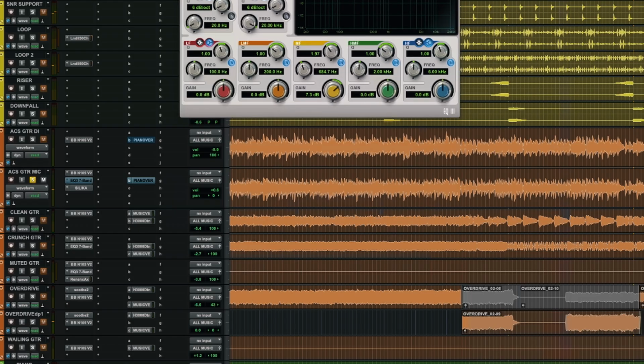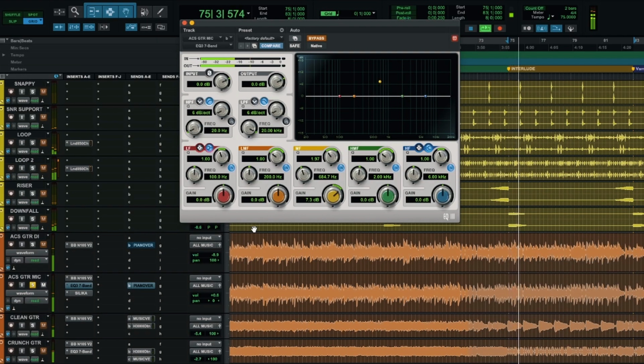Let's hear the guitar with this not included at all. Trying to reset it back to where it was.